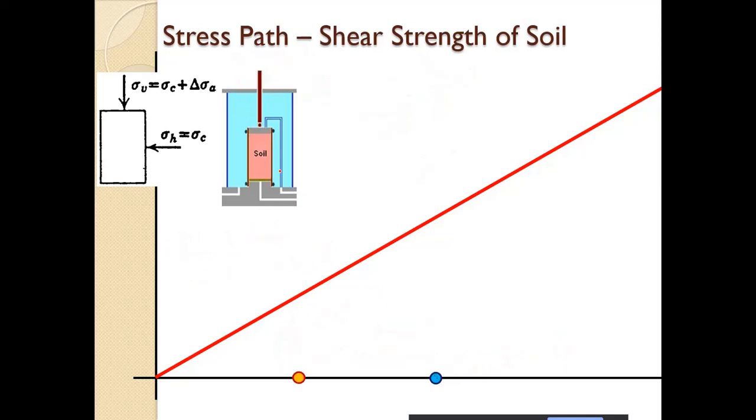So if I consider that, initially the total confinement was sigma 3, so in all directions we had sigma 3.